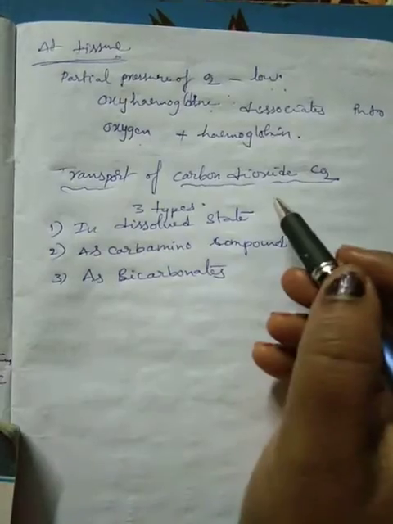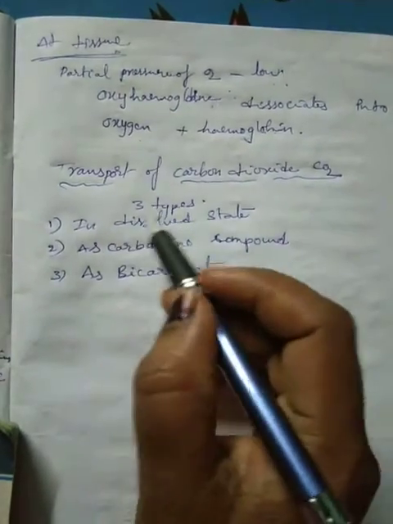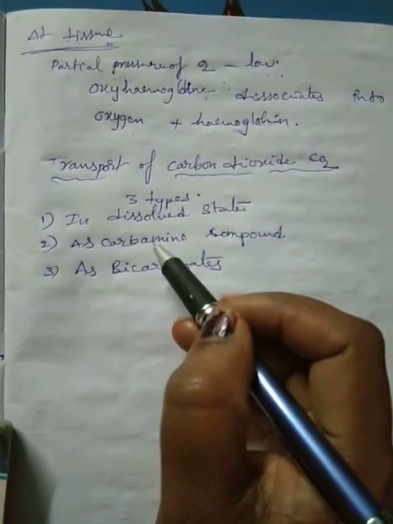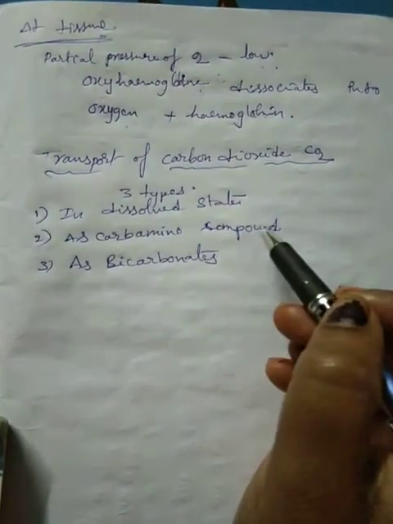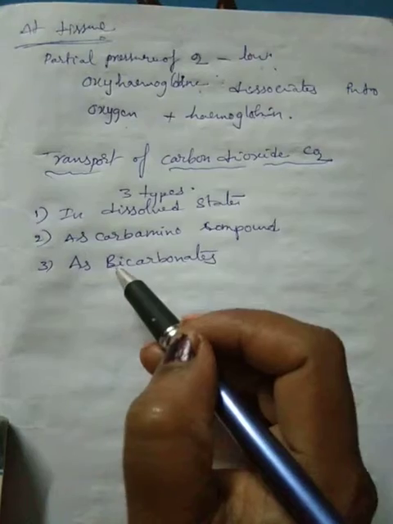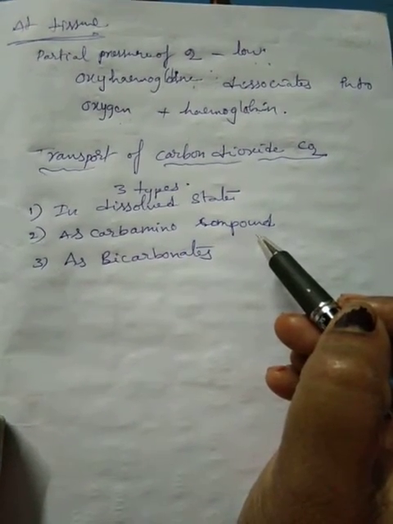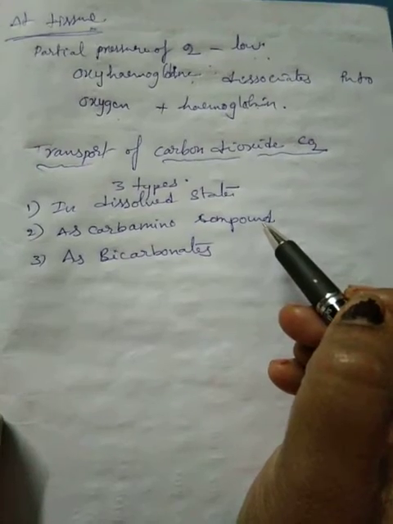So the transport of CO2 is mainly of three types: first, in dissolved state, second, as carbamino compound, and third, as bicarbonates. CO2 is transported by these three methods.